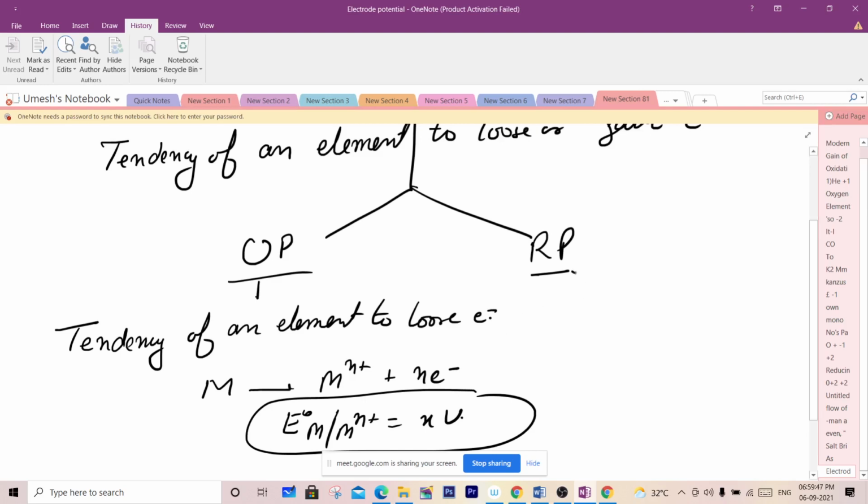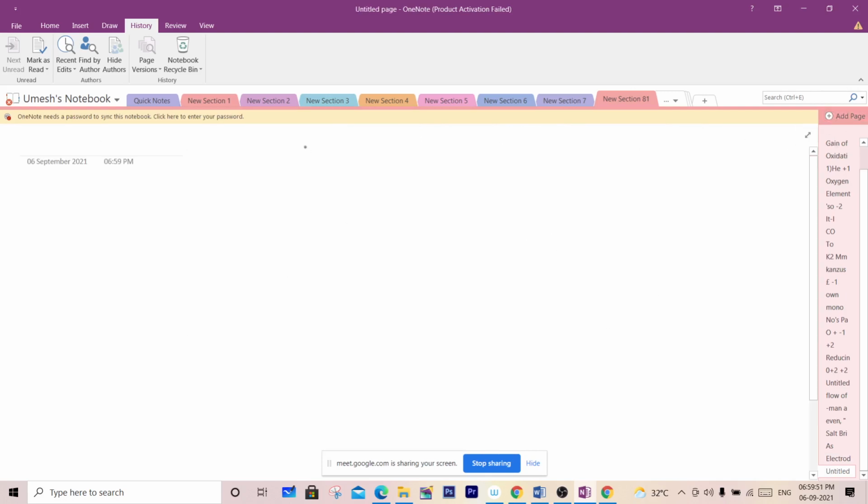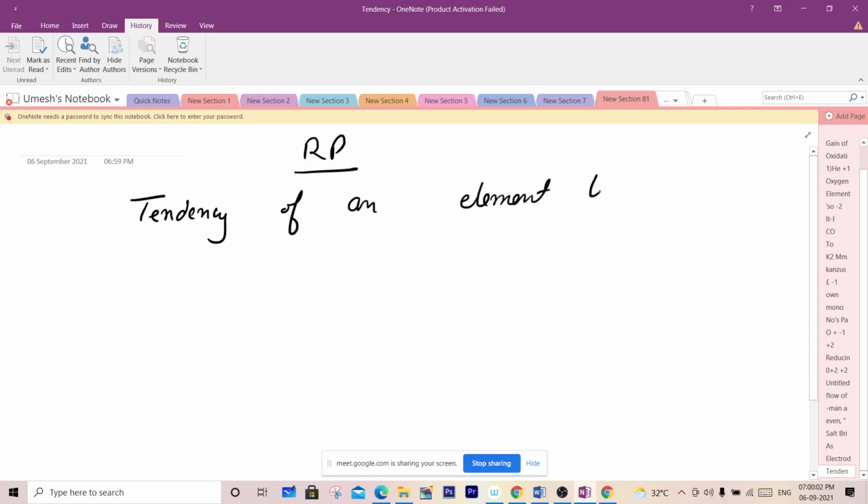And reduction potential is the tendency of an element to gain electrons.